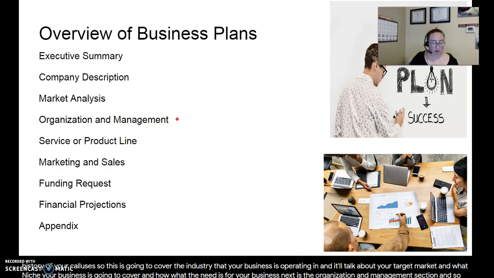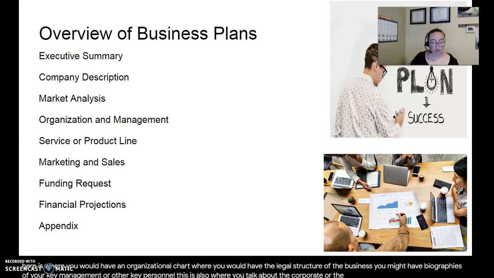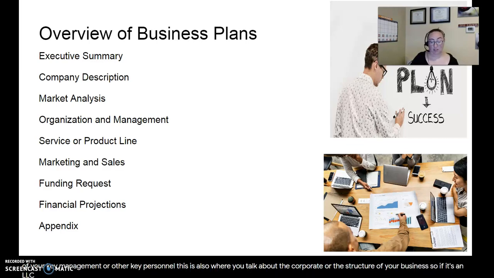Here is where you would have an organizational chart, the legal structure of the business. You might have biographies of your key management or other key personnel. This is also where you would talk about the corporate structure of your business. So if it's an LLC, a partnership, or a corporation, this is where all that information would go.